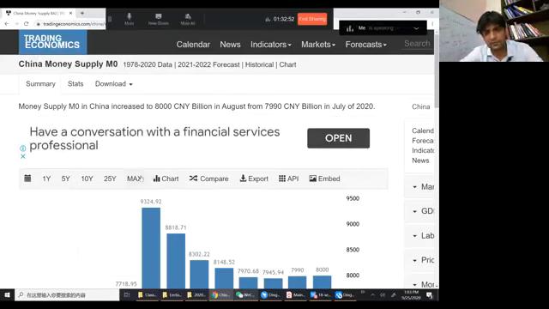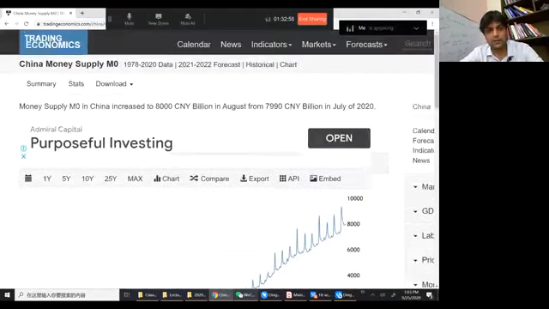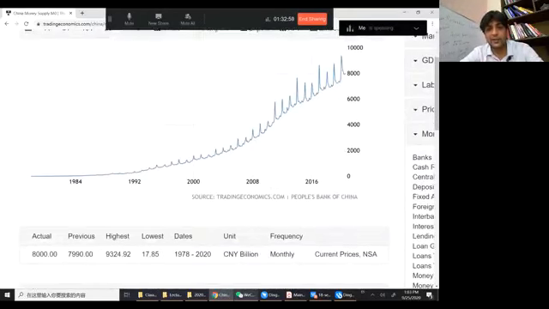Let's see what the maximum data is here. Oh wow, that's the currency, the physical money in China. In 1984 you see it's a really small money supply, but as progress happens, it increases over time.